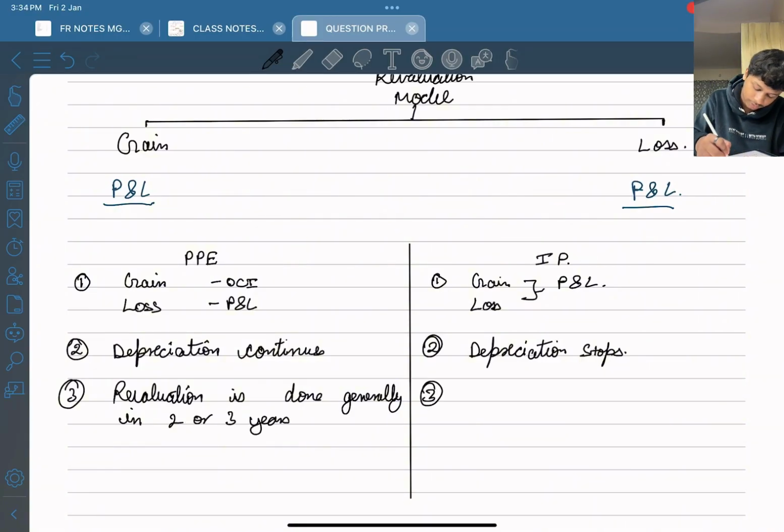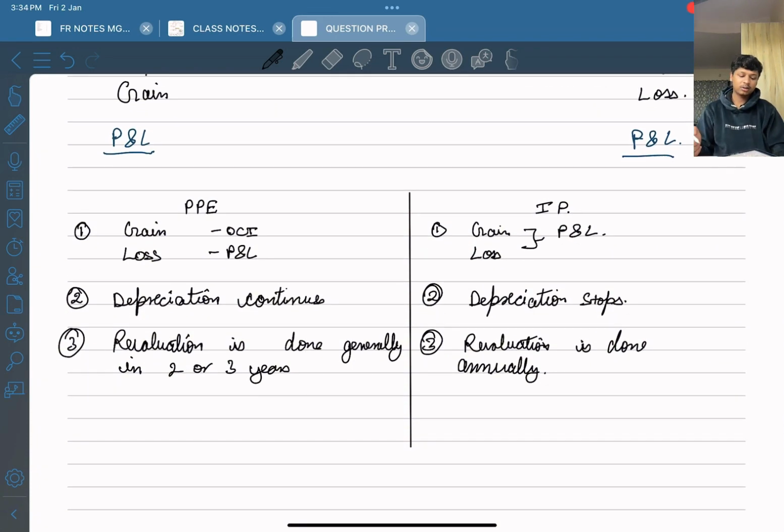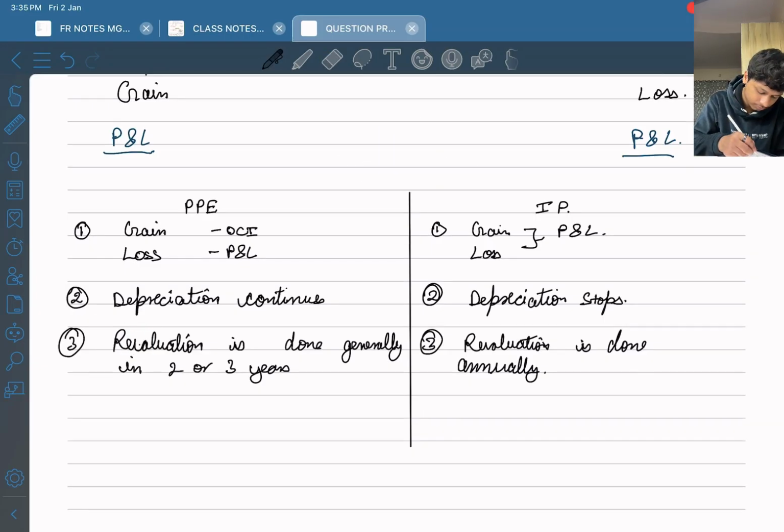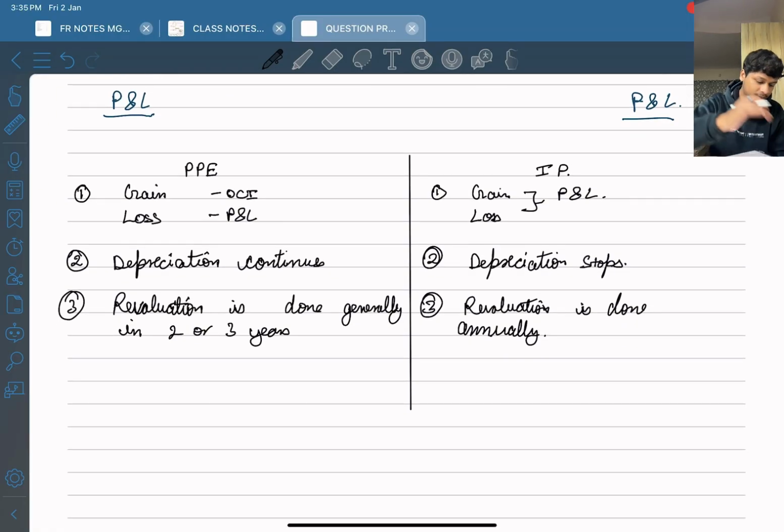But in investment property, valuation is done annually. So this is the major difference between the property, plant and equipment and investment property revaluation. I think this is clear.